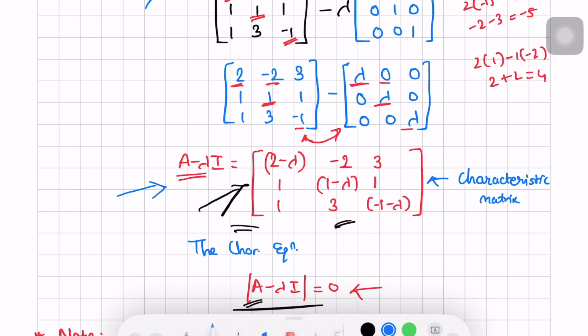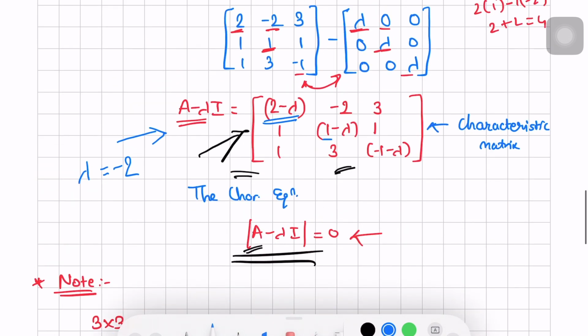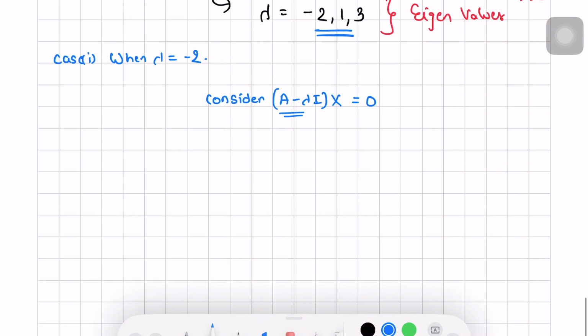In this equation we will substitute lambda is equal to our first eigenvalue which we have taken, that is minus 2. So keeping lambda as minus 2 here, in all these 3, we'll get this equation as 4, minus 2, 3; 1, 3, 1; 1, 3, 1.